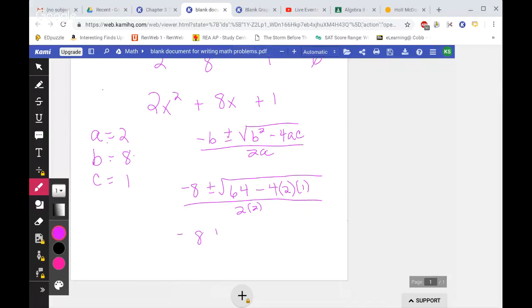So negative 8 plus or minus the square root of 64 minus 8 all over 4. And then we've got negative 8 plus or minus the square root of 64 minus 8, which is 56. Is that what y'all get? Yes, ma'am. Okay.